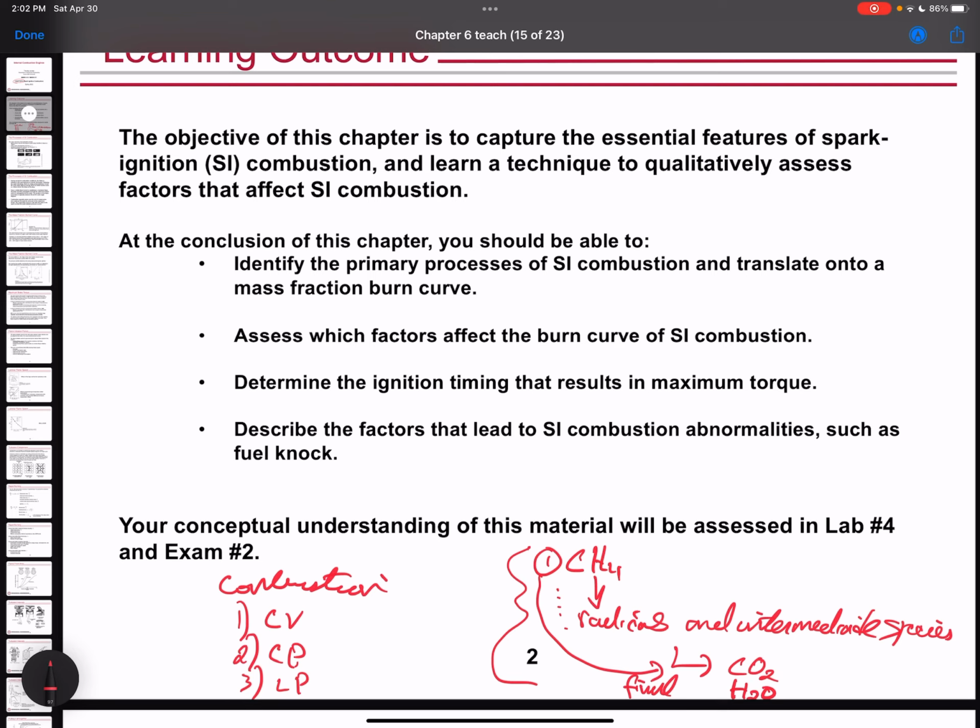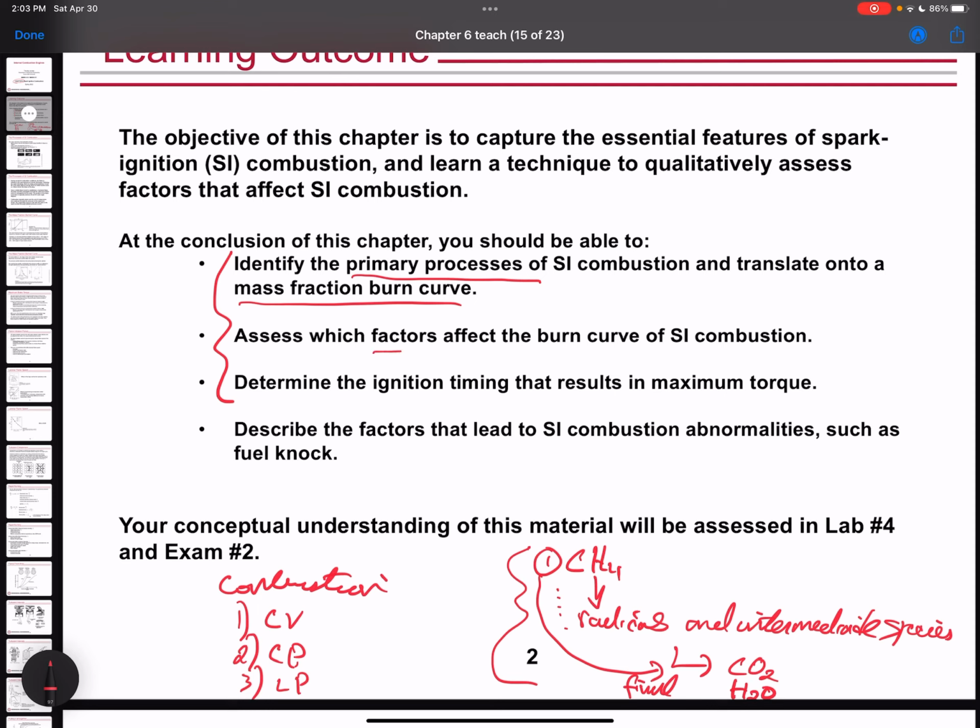Okay, so basically, what we for sure will be able to get through in terms of this semester, in terms of this next 3 lectures, are these first 3 bullet points, right? We'll for sure be identifying the primary processes of spark ignition combustion, how that translates into something which we call the mass fraction burn curve, which we'll be talking about in just a little bit.